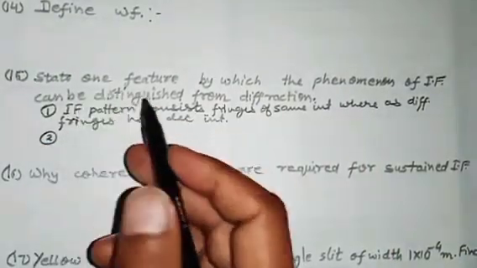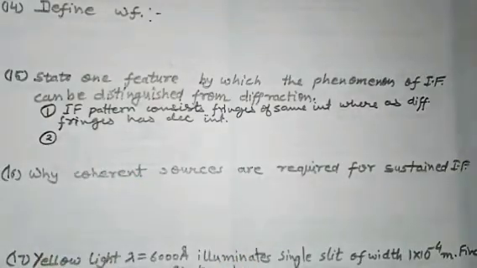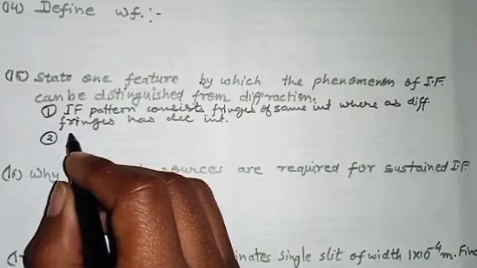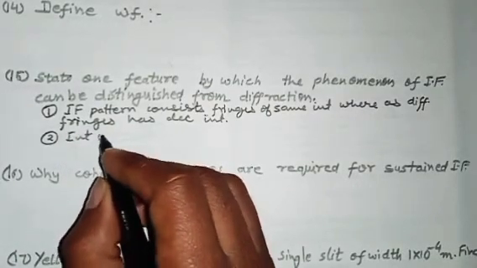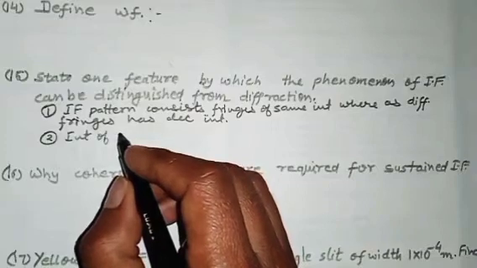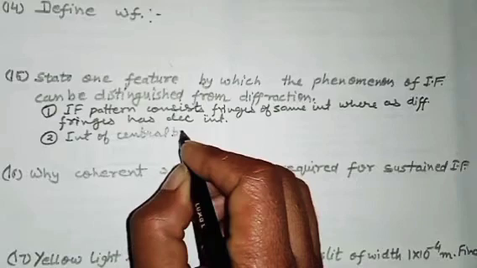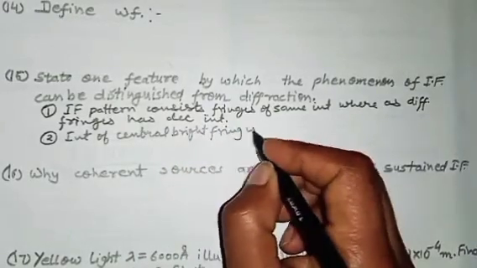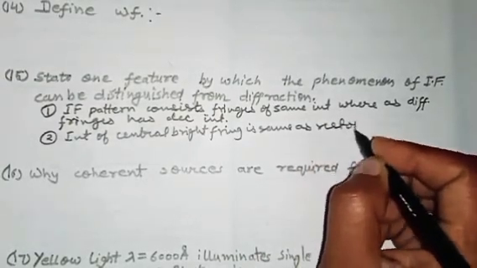They have asked for one feature, but we can explain more about it. And second one is intensity of central bright fringe is same as rest of the fringes.